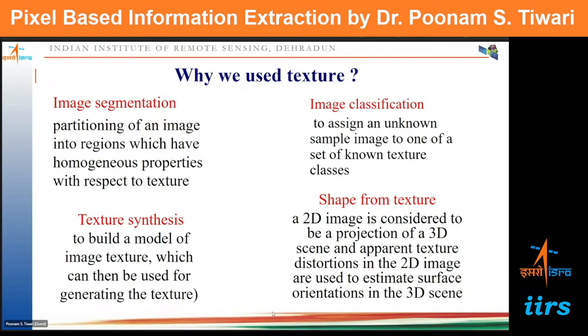Texture can also be used to make the objects in the image or segments in the image. So what is image segmentation? It is partitioning of an image into regions which have homogeneous property. Now this homogeneous property can be pixel value, it can be texture, it can be any other property that we define. So based on the homogeneity of texture, we can partition the image into segments.